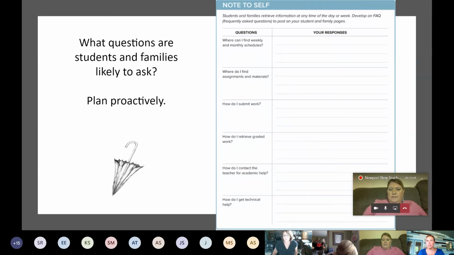And I love the test runs. Have your kids and even parents email you a comment or a question each week, so that they're practicing how to contact you. And submitting work too. Even in the beginning, like she said, if it's just, I want you to write your name and three things you like.